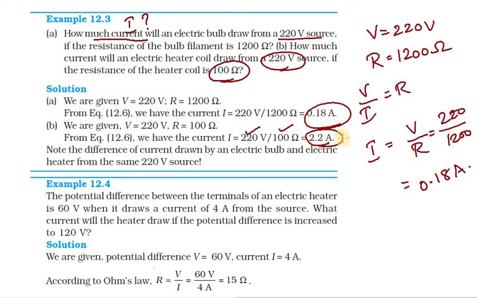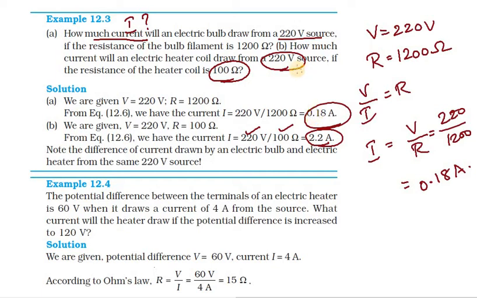The amount of current drawn by the electric heater is greater compared to that of the bulb. Obviously we know that in household equipment, whatever uses more current, we tend to keep switched off when it is not in use. Correct? Why? Because it takes in so much current.